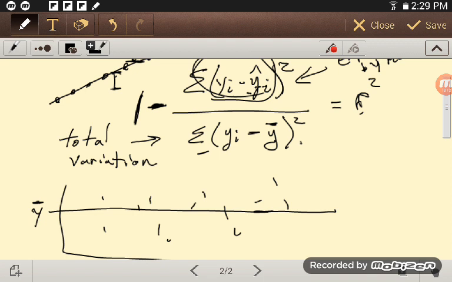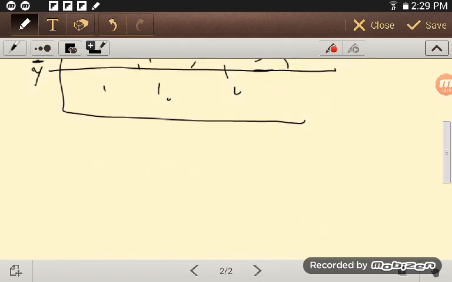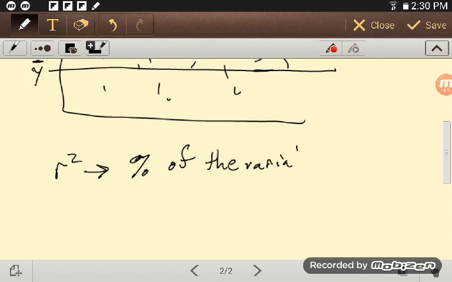So what r squared gives us in the end is, when you see the r squared, this is the percent of the variation in y explained by the model.